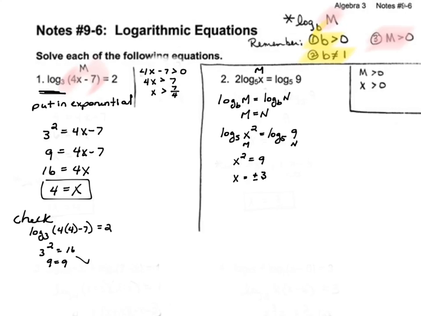But we know that x has to be greater than 0, so our negative 3 should be a bad choice because we can't take the log of a negative number. And so our answer is only going to be x equals positive 3. Only the positive one is going to work in this case, because otherwise we'd have log base 5 of negative 3, and we can't take the log of a negative number.